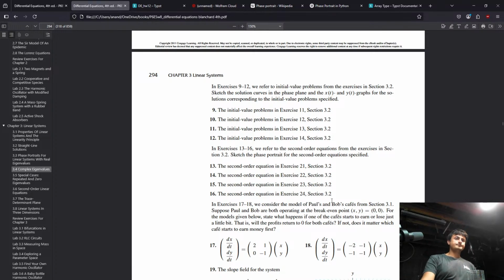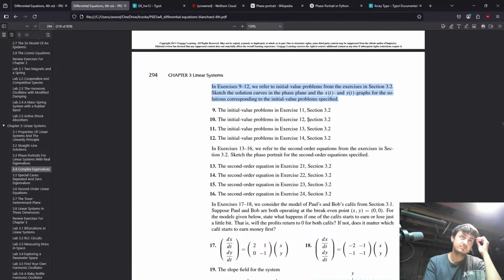Okay. Return to the... Oh yeah, we need to write this. We refer to the initial value problems from the exercises. Sketch the solution curves in the phase plane, and the x of t and y of t graphs for the corresponding.